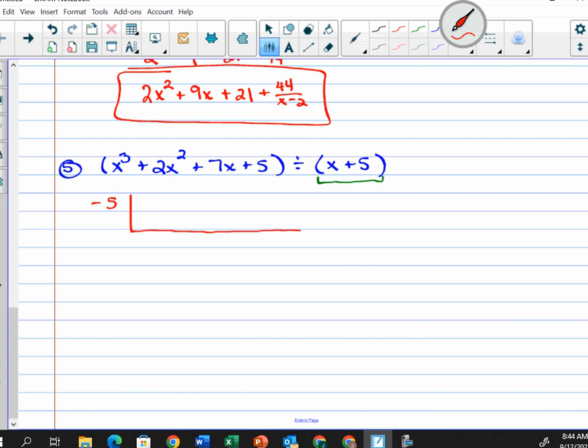I prefer to do it this way. This is so much simpler. But you can do long division if you want. Just remember, time sometimes matters on assessments. Got to be speedy with your long division.